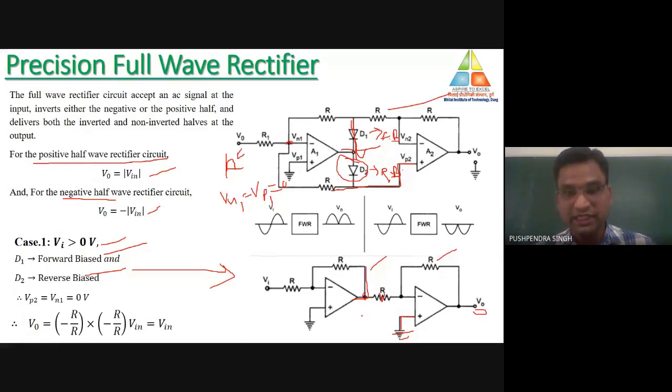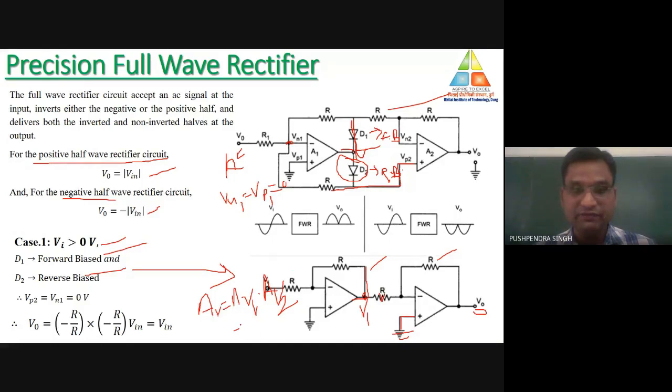Then what is the value of output? For the calculation of output, suppose this is your V1 and this output is V2. Both the circuits are connected in cascading. So what is the gain of the circuit? AV is equal to AV1 into AV2, the gain of the first circuit multiplied by the gain of the second circuit. The gain of a basic inverting amplifier is minus RF by R1.